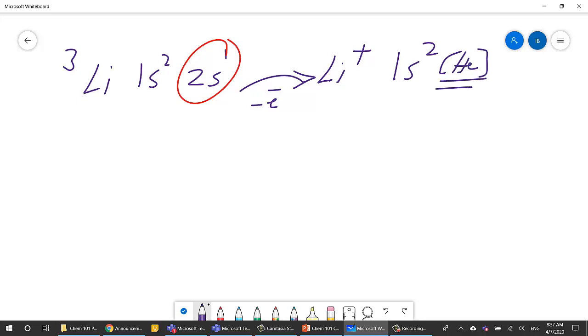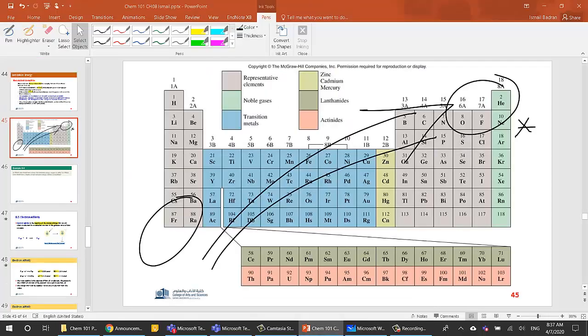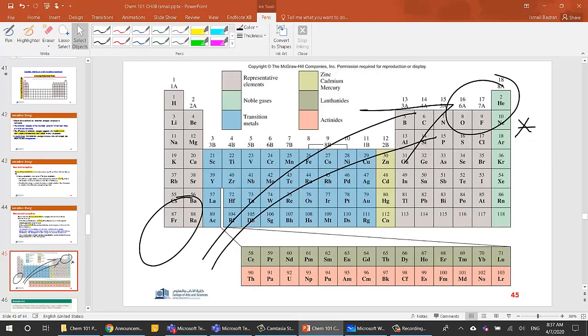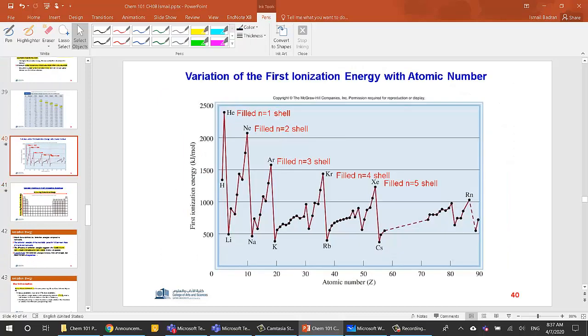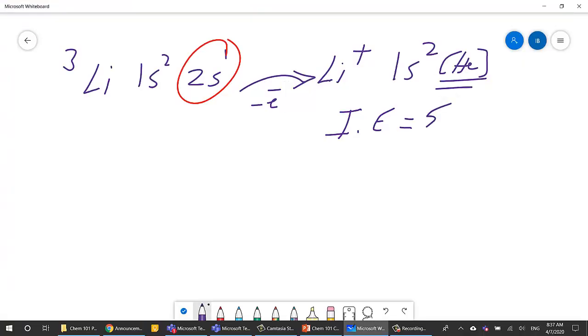This is a happy closed shell configuration. That's why lithium would love to go into lithium plus. The ionization energy of that you can just pull from here. The ionization energy for lithium is around 500. That's positive, okay? Because ionization energy is always endothermic. You are paying a price to do that.